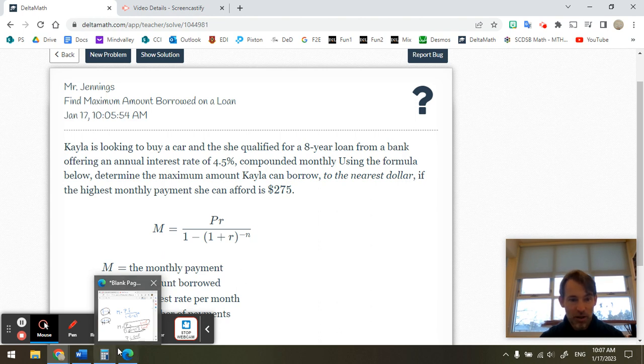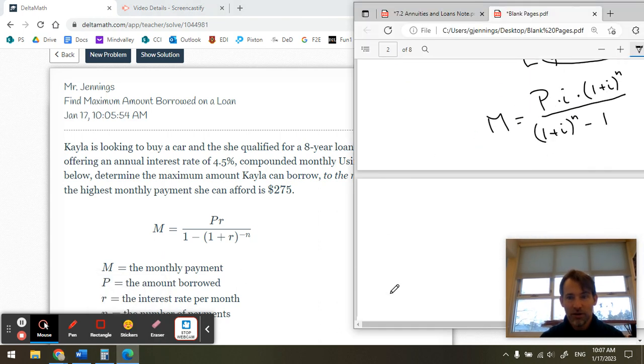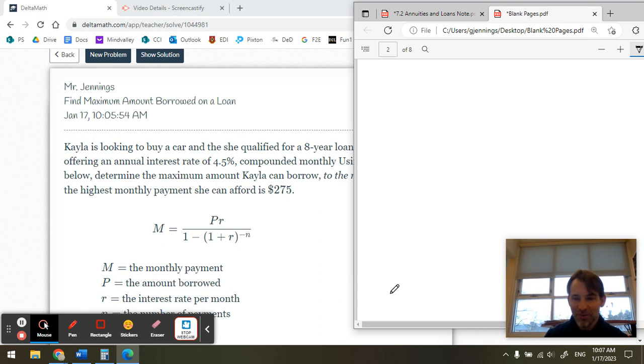N is the number of compounding periods. Again, I did something a little different myself, but we can do things differently. That's fine. Still works. So I would write it out, and you're going to write it out, and you're going to follow along. The monthly payment is equal to the amount borrowed multiplied by the interest rate per month.